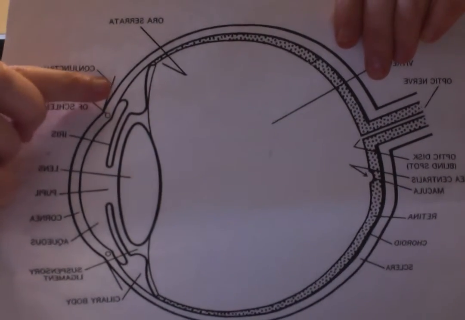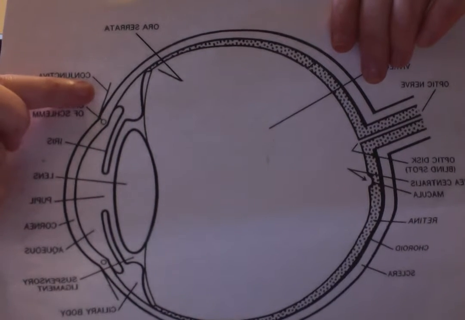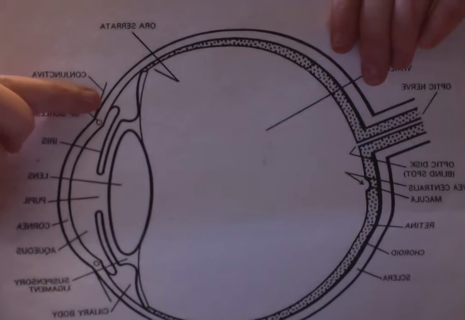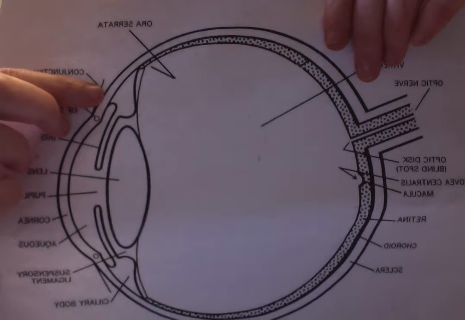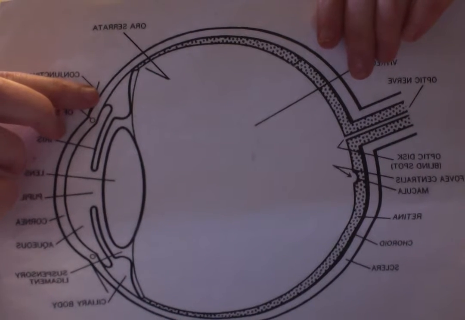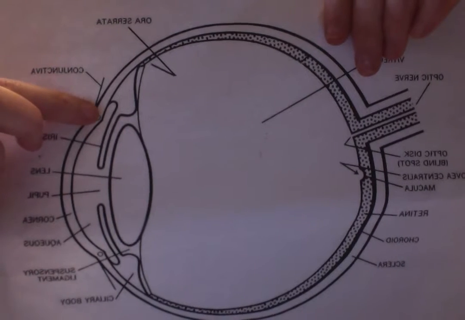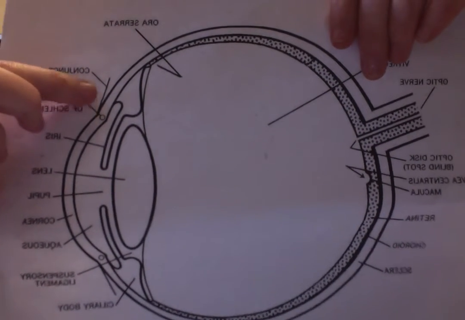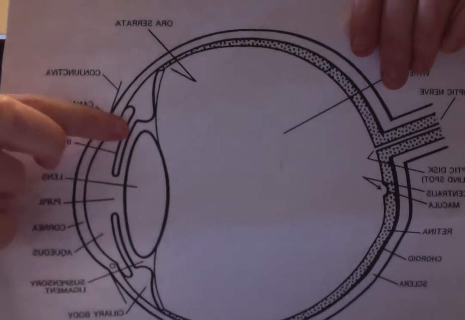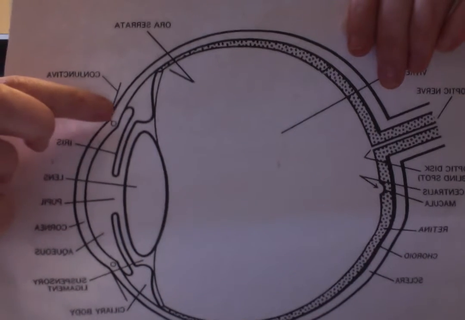All right, so now we have the conjunctiva, and it's a mucous membrane that covers the front of the eye and lines the inside of the eyelid. Okay. So this is the conjunctiva right here.